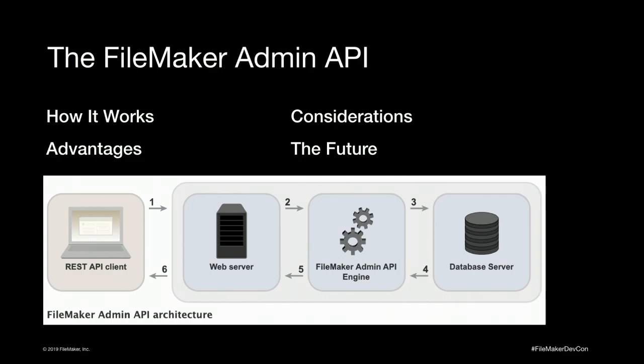The advantage of dealing with the admin API is that it's an API. It's abstracted to a language and a methodology that the rest of the world outside of Claris and FileMaker understands. So you can give them the API documentation and their credentials, and you can hand that off to somebody that's familiar with developing REST APIs, and they can administer the FileMaker server.